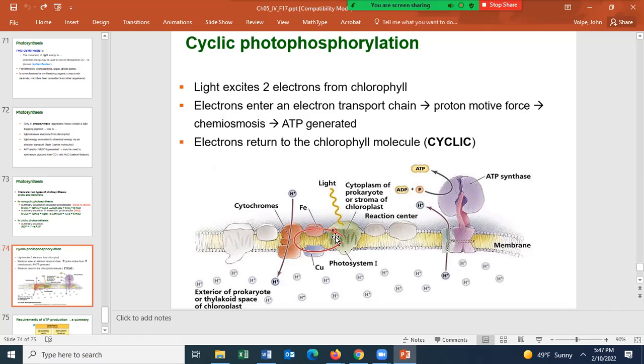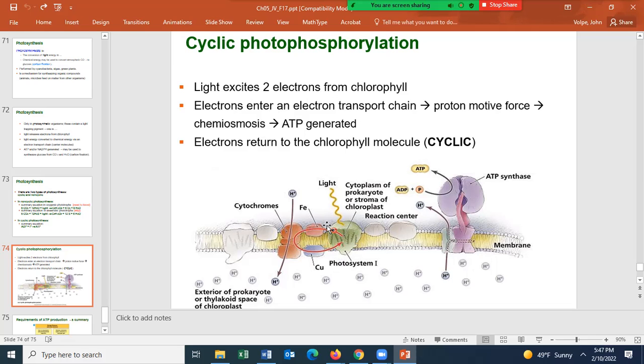The electrons move to this protein in the membrane, to this protein, to this protein, and then the electrons move back to chlorophyll. That's why it's called cyclic photosynthesis, because the electrons move in a cycle and come back to where they started from. Cyclic photophosphorylation.